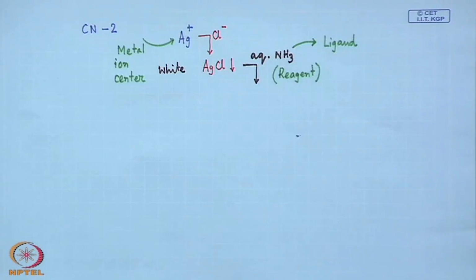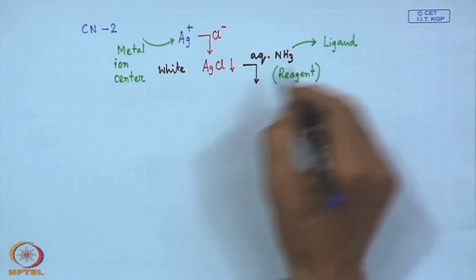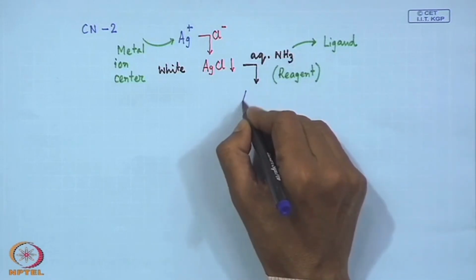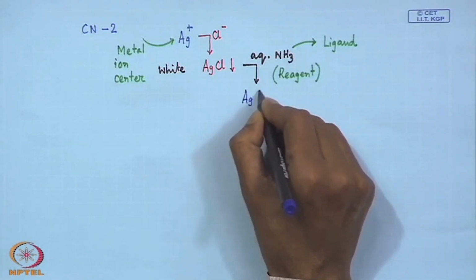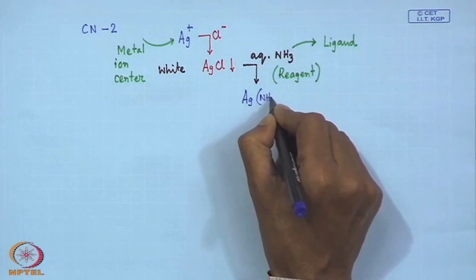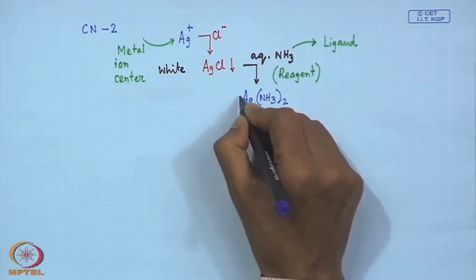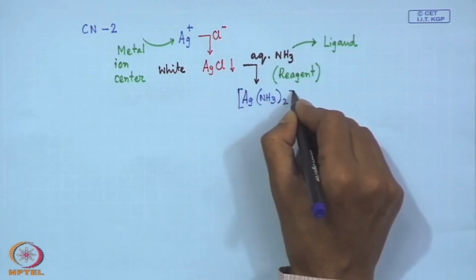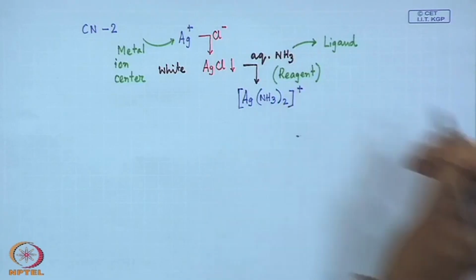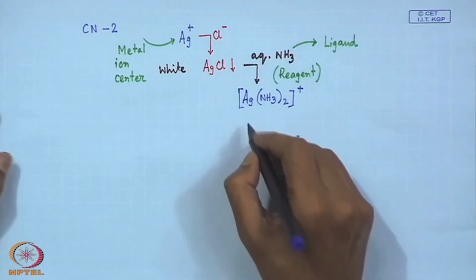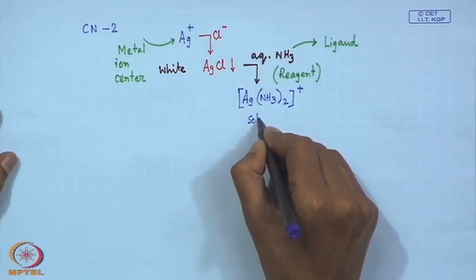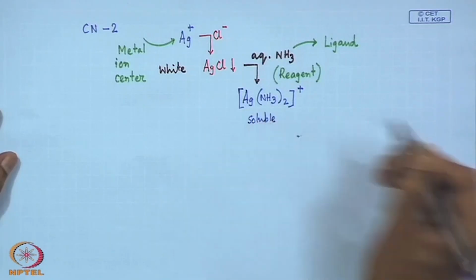So, we can have the interaction between silver chloride and ammonia, resulting in a silver ammine coordination complex, which is soluble.